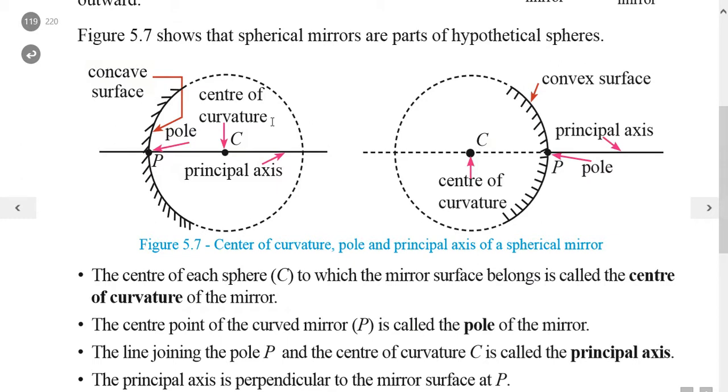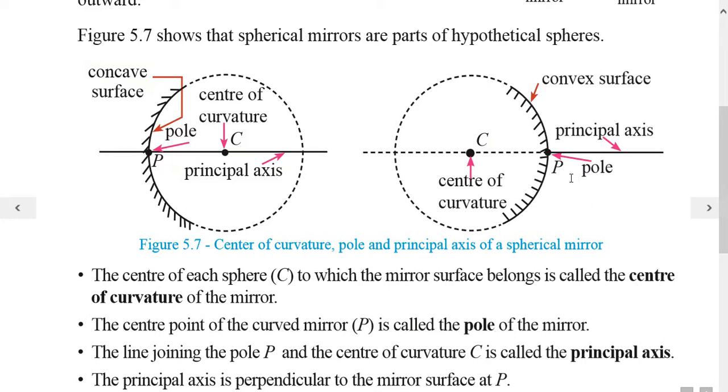Then it's the same for convex mirrors also. This convex mirror's reflecting surface is curved outward. Then this is the sphere this reflecting surface belongs to. The center of this sphere is known as the center of curvature of this convex mirror. Then this is the pole, the center point of this convex mirror.